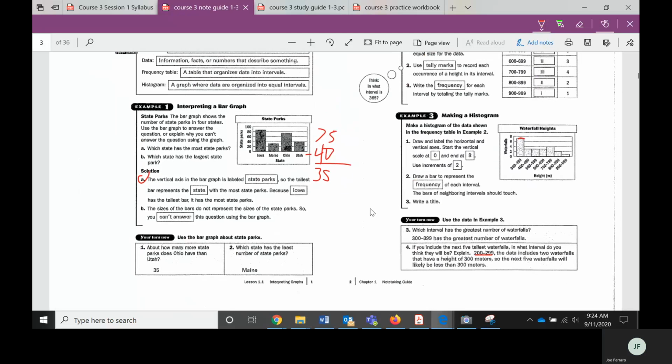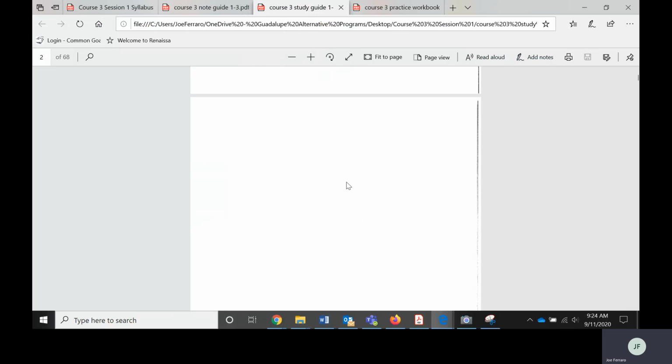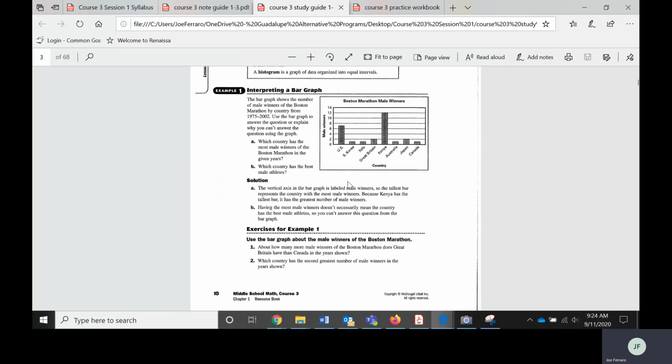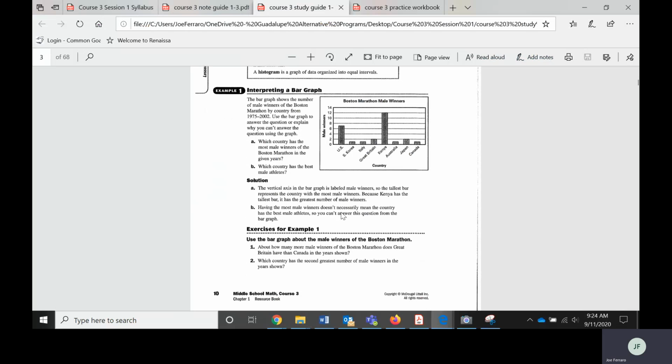There are just example problems of what you're going to see. If you go to your study guide, what I suggest is to look through these problems, read, and make sure that you're understanding what to do. Again, the answers are in the back.